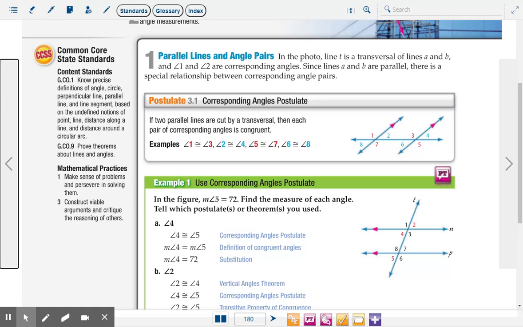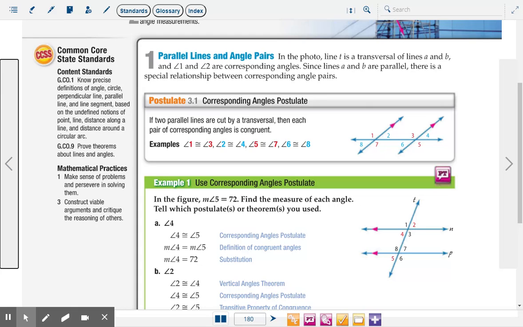Take a look at this. We just said 1 and 3 are congruent. But 1 and 7 are vertical angles, and we know vertical angles are always congruent. By transitive property then, 1 is congruent to 7, 1 is congruent to 3, so by transitive property, 3 and 7 are congruent.